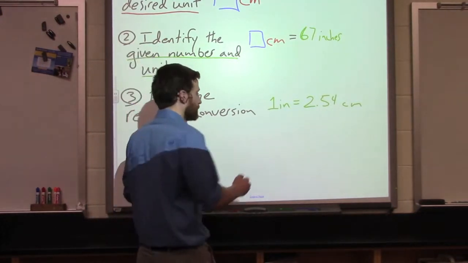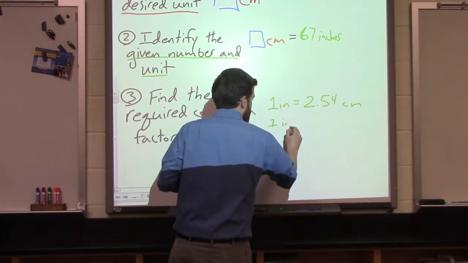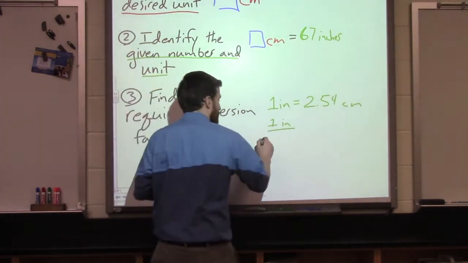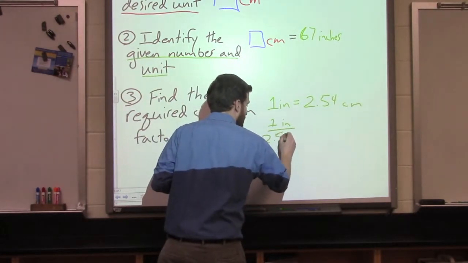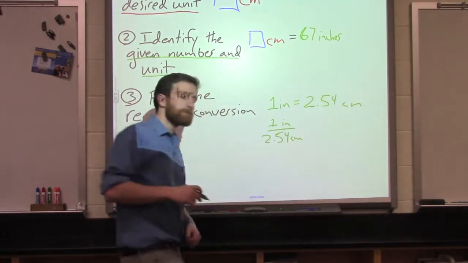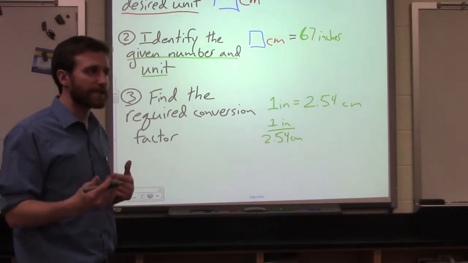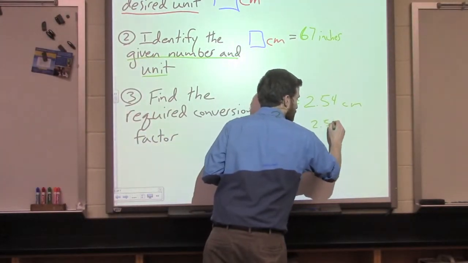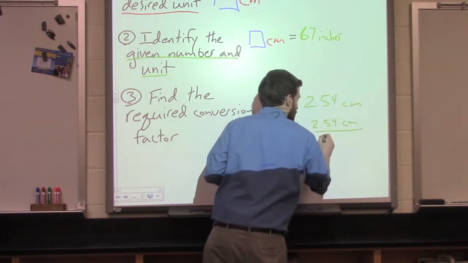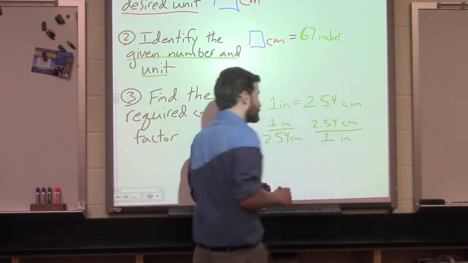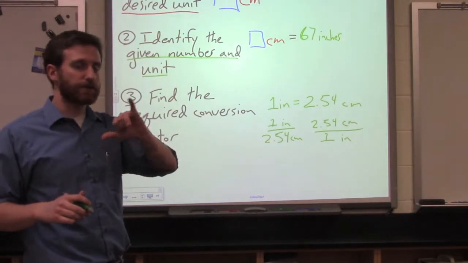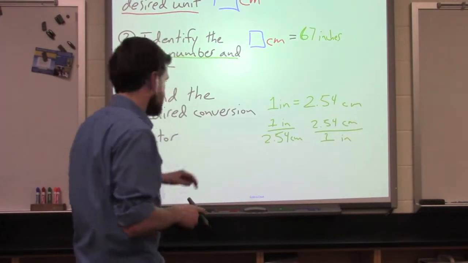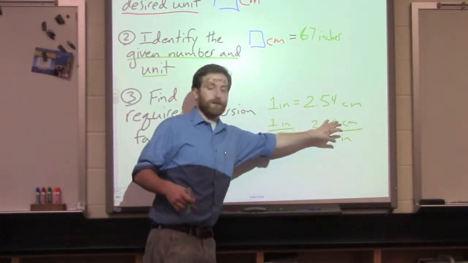So I could say there's 1 inch per, we read the division sign as per, 2.54 centimeters. I could just as easily say that there's 2.54 centimeters per 1 inch. So you can flip the conversion factor just so long as when you flip the units, you're flipping the numbers with it. Right? So all three of these are true statements.